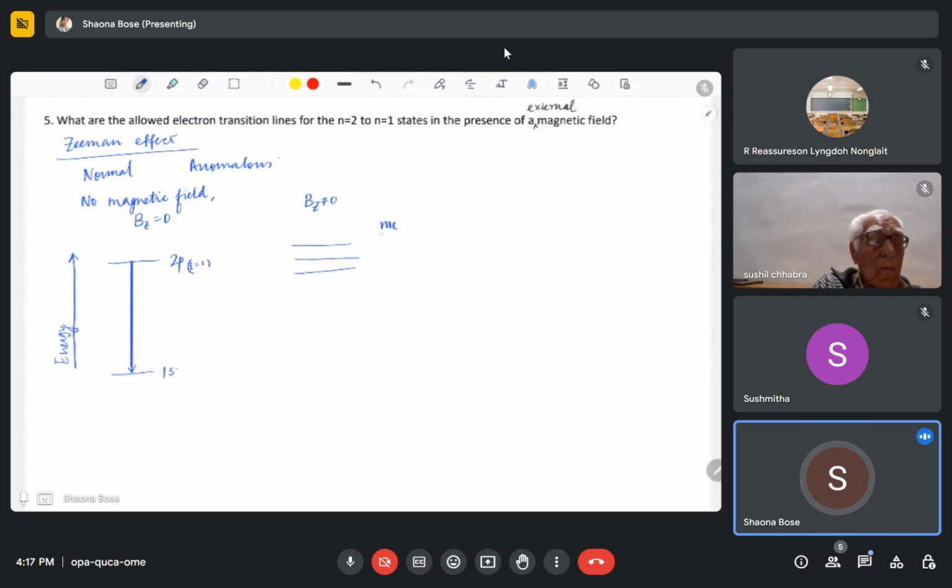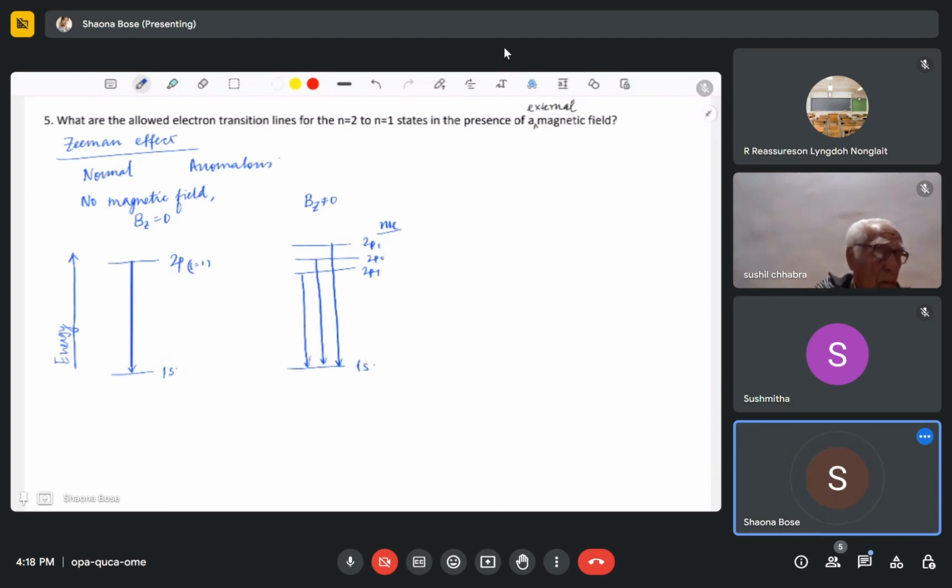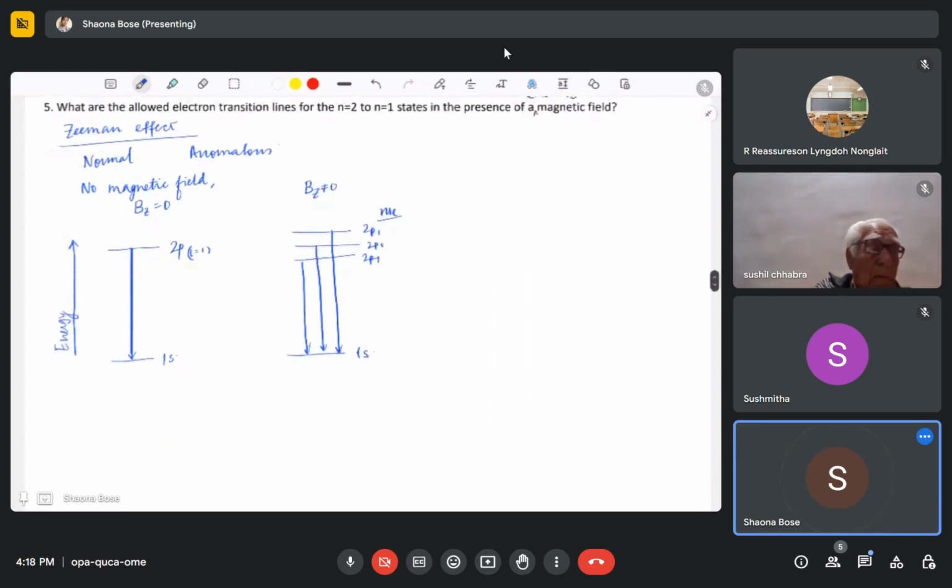So ML, once again according to the selection rules, will be 2p plus 1, 2p 0, and 2p minus 1. Okay, and you have your 1s state here. So now you will have 3 lines.